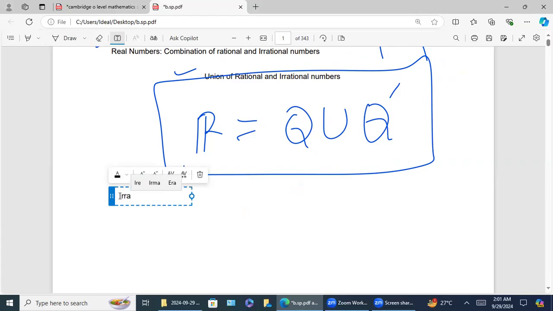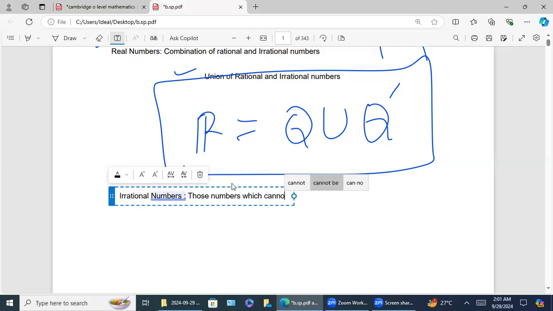Irrational numbers are those numbers which cannot be written in the form of p upon q.